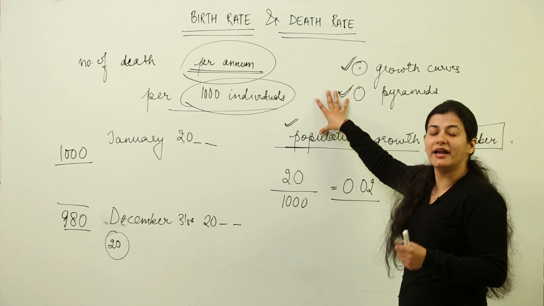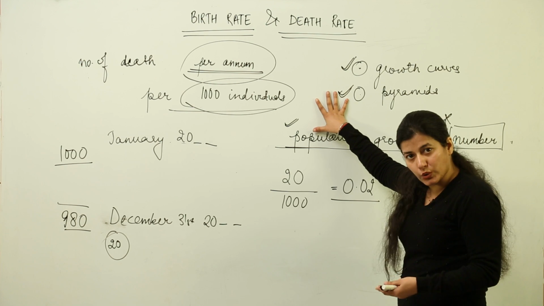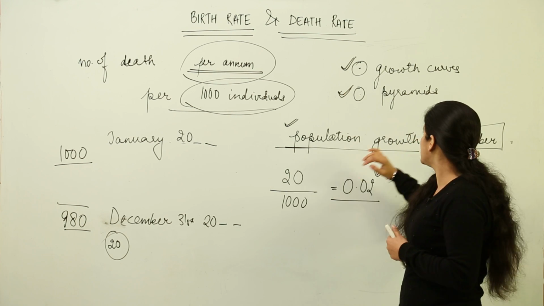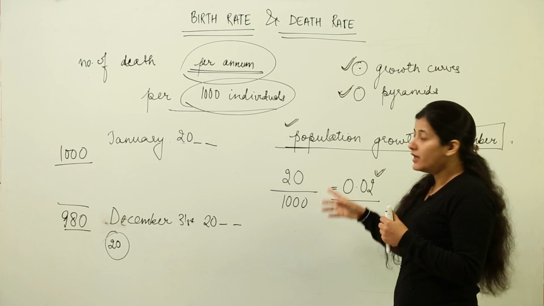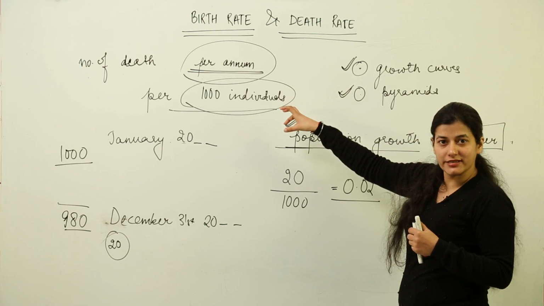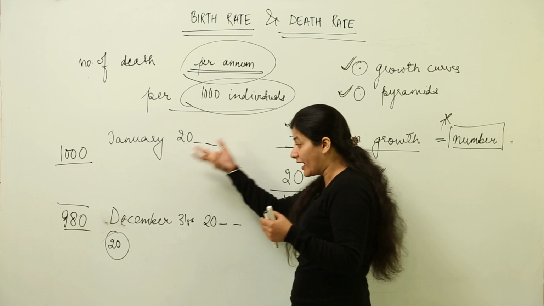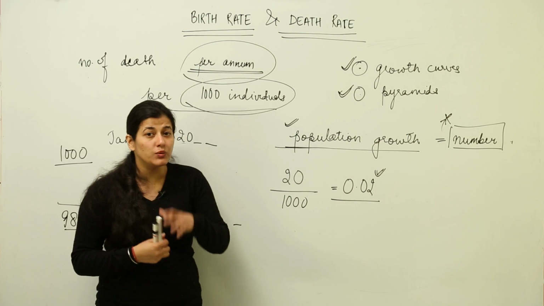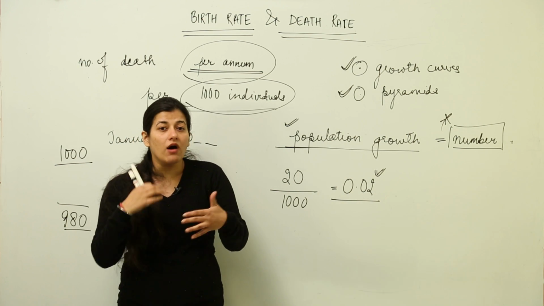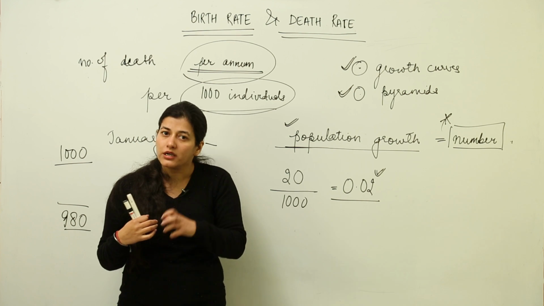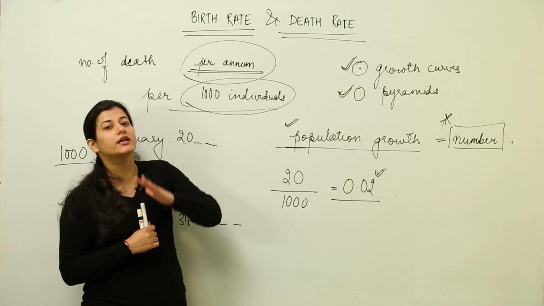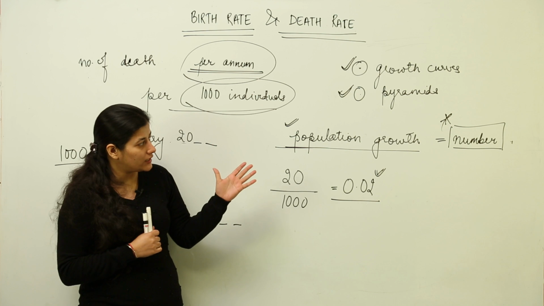These are the two terms that you need to know, and they play an important role in understanding population growth in terms of population density. They have an effect on population density, and population density in turn has a direct effect on population growth. With this we can understand how a population is increasing or decreasing, which we study in growth curves, which you will study later on.